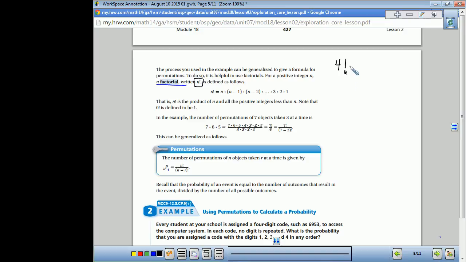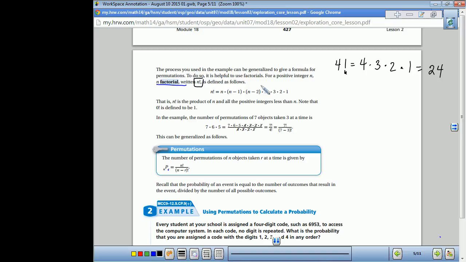If I were to say 4 factorial, what I do is I start with a 4, and I multiply it times every positive integer that is less than 4. So it becomes 4 times 3 times 2 times 1. Done. 4 factorial is 4 times 6, or 24.